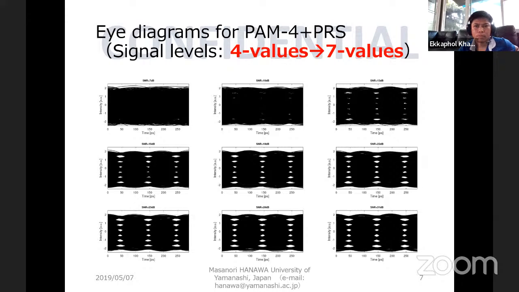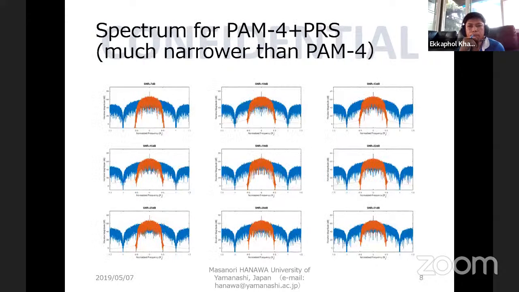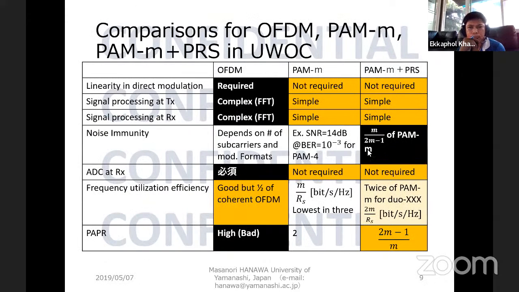It means we have to transmit more signal power. Without more power, noise immunity will be degraded. It is shown here in black. So I want to solve this problem.